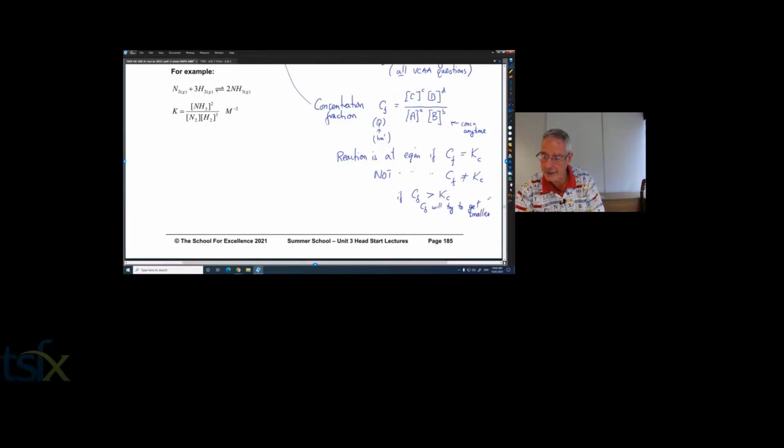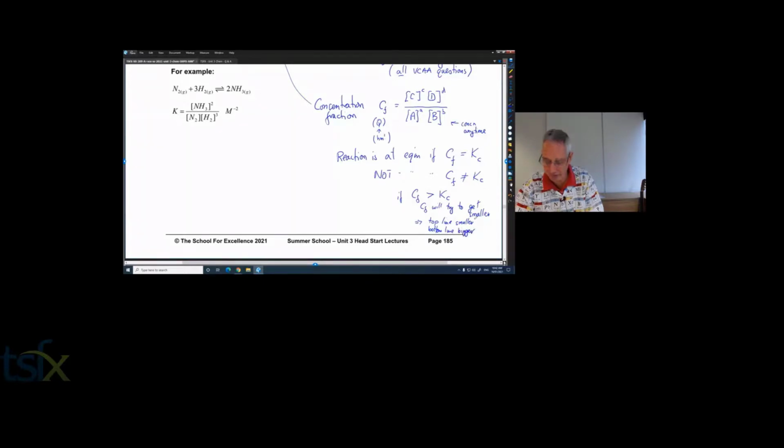It's bigger than Kc. The reaction will want to get to equilibrium, so Cf will try to get smaller. Look at the maths. To get smaller, that would imply top line smaller, bottom line bigger.